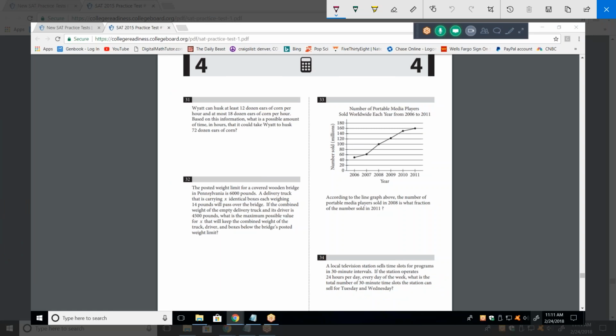These are grid, and grid is always calculator, I guess. Although I thought they were, it looks like there's two sections of grid where one's calculator and one isn't. Okay.